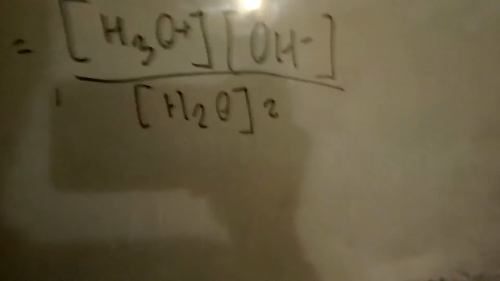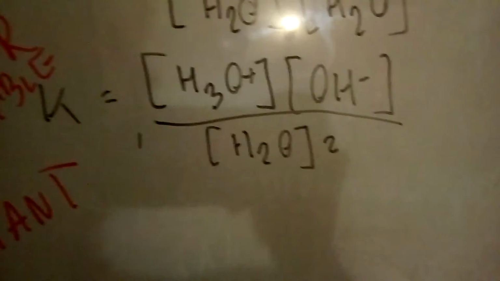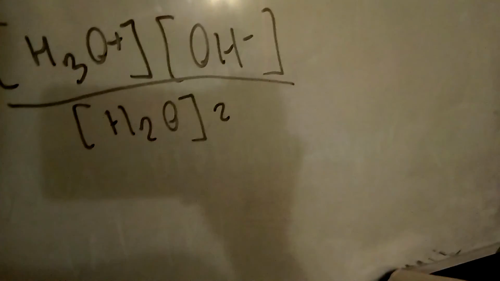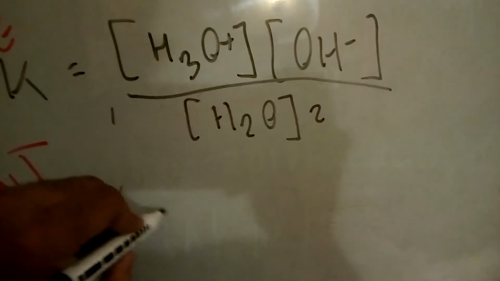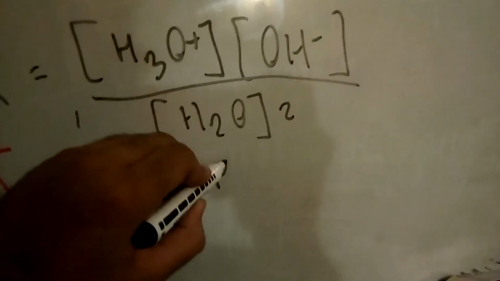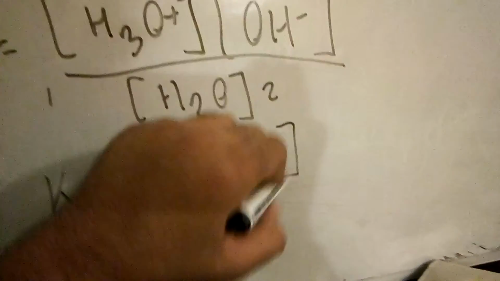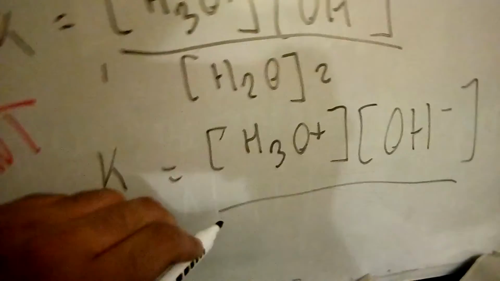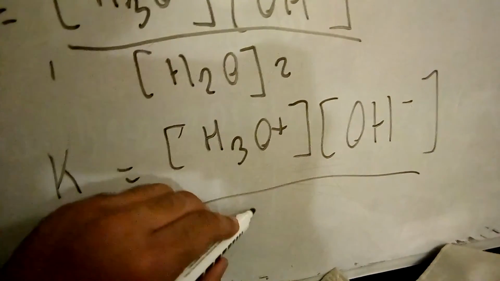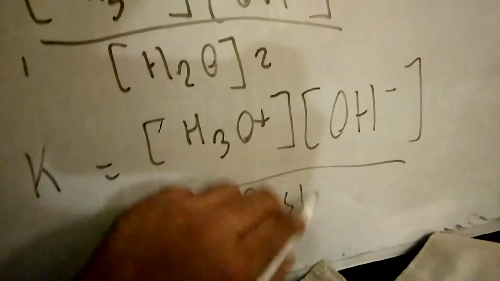So moving on, if it is a constant, we can say that K equals H3O plus times OH minus divided by a constant.